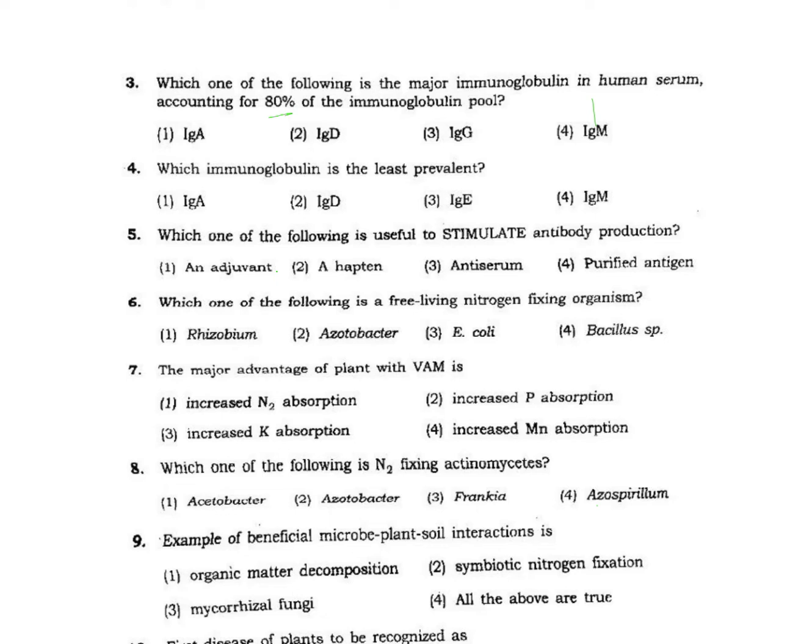Out of these, the correct one is option 3, which is IgG. IgG accounts for 700 to 1600 milligram per deciliter of the serum. So it is most abundant.